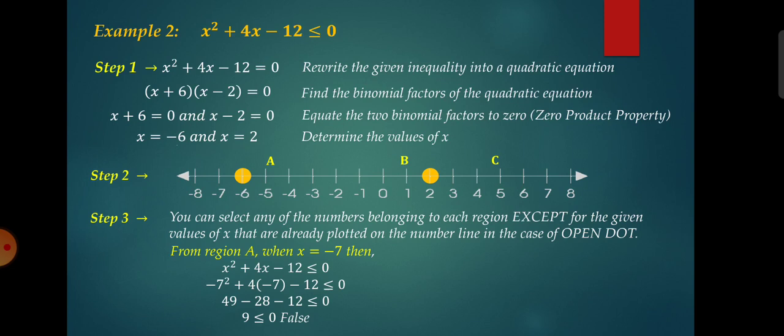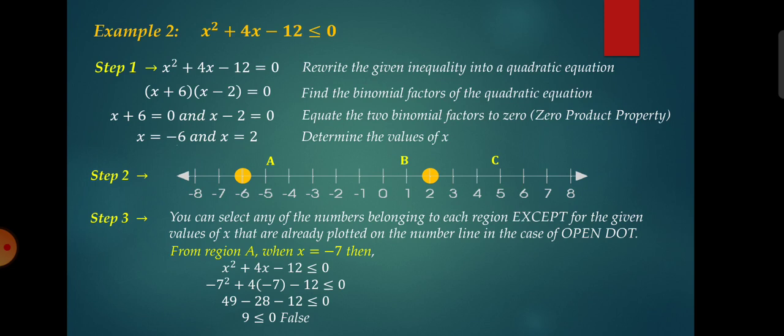Then plus 4 times negative 7 is negative 28. Bring down minus 12, bring down less than or equal to 0. 49 minus 28 minus 12 is equal to 9. Is 9 less than 0? No. That is false. Neither is 9 equal to 0.